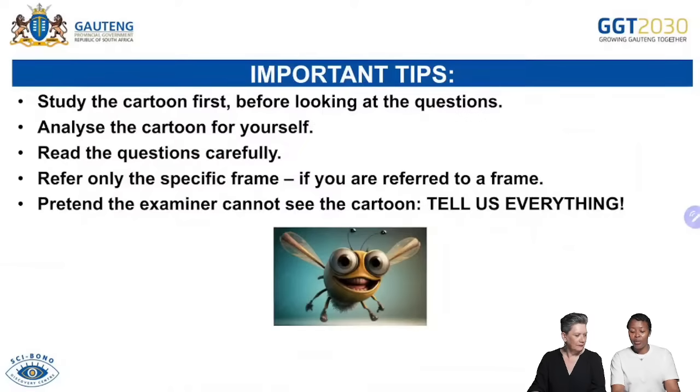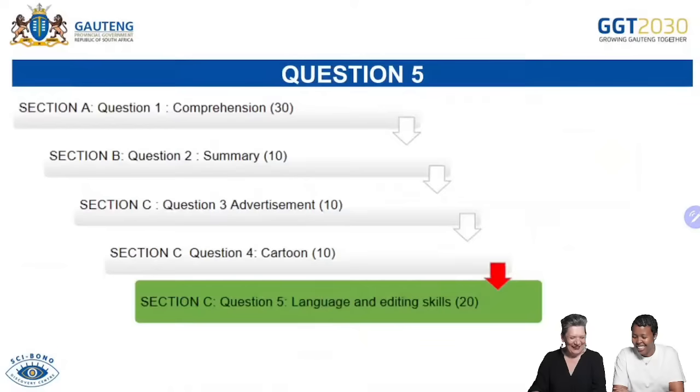And finally, pretend the examiner cannot see the cartoon. So you have to be very detailed, explicit. Give us everything, and once we have everything, you can have everything. And you know what your everything is? Marks.